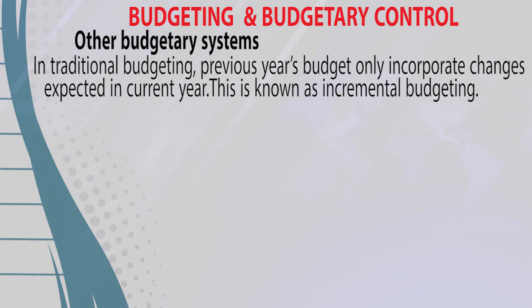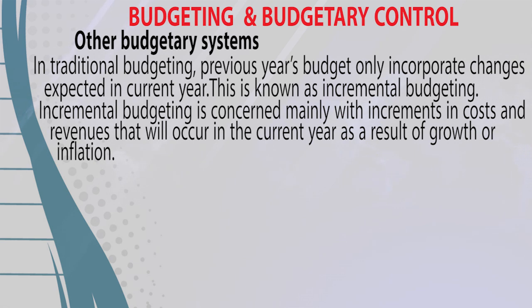This is known as incremental budgeting. Incremental budgeting is concerned mainly with increments in cost and revenues that will occur in the current year as a result of growth or inflation.